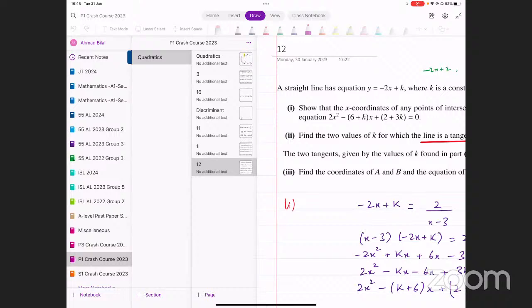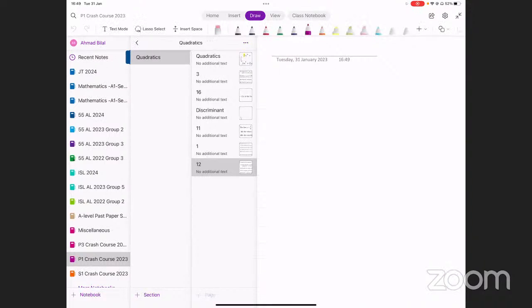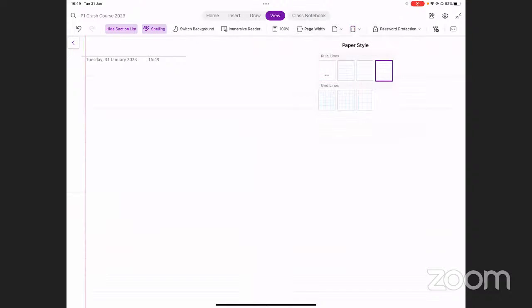There are just two major concepts left in this topic, and one of them is solving quadratic inequalities. We'll do the other one hopefully tomorrow or the day after, and then we'll wrap this topic up, inshallah. Okay, so let's start with quadratic inequalities.